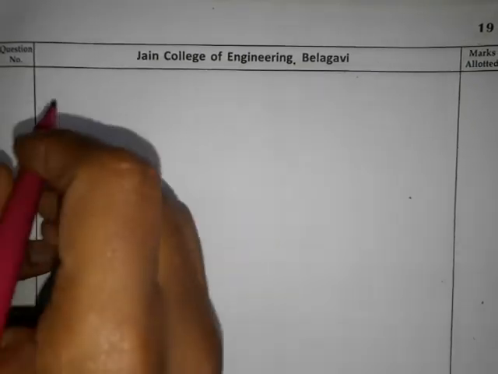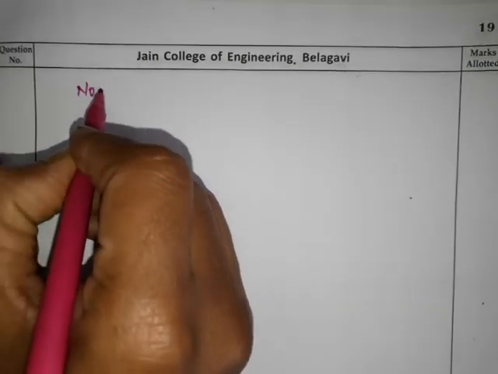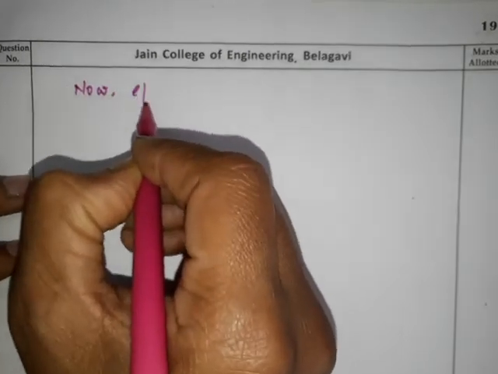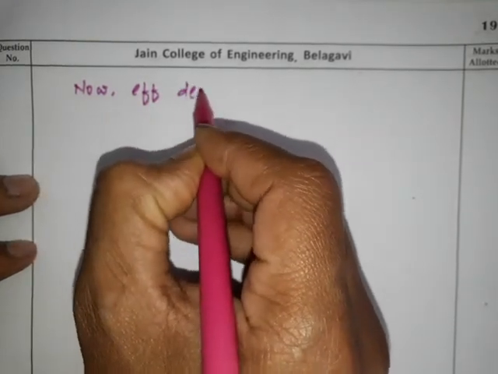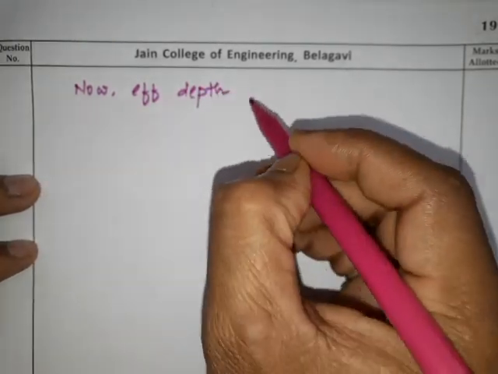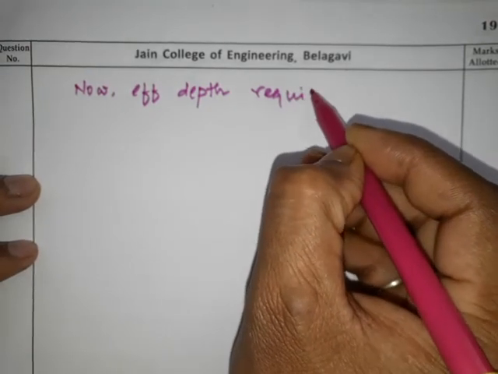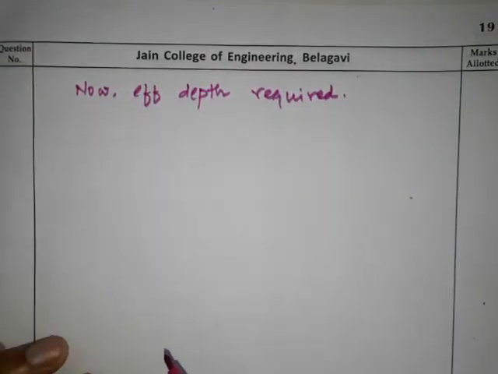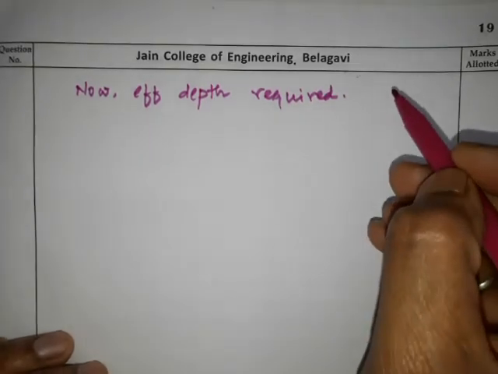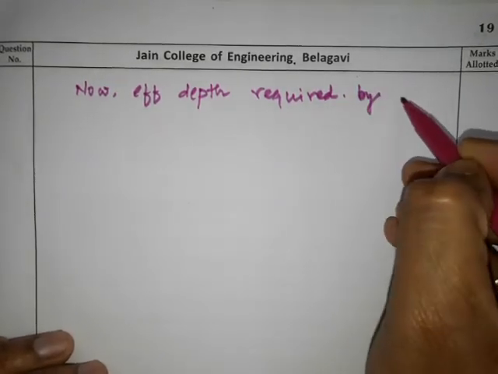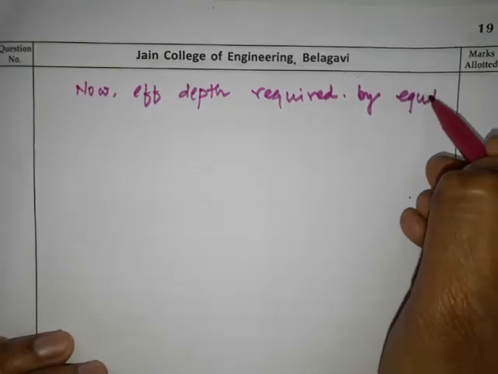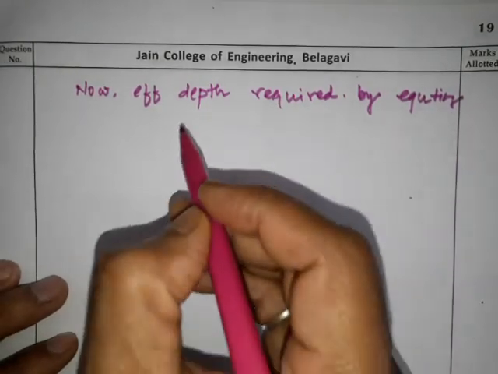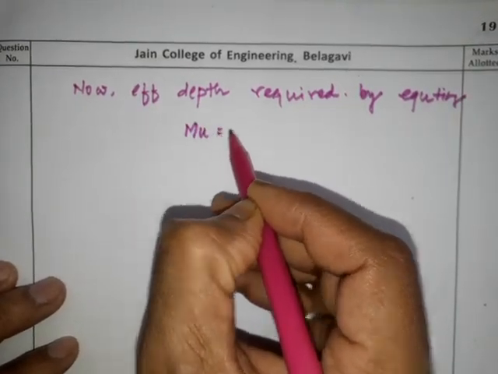Okay. So next, now the effective depth required, by equating Mu is equal to Mu limit.